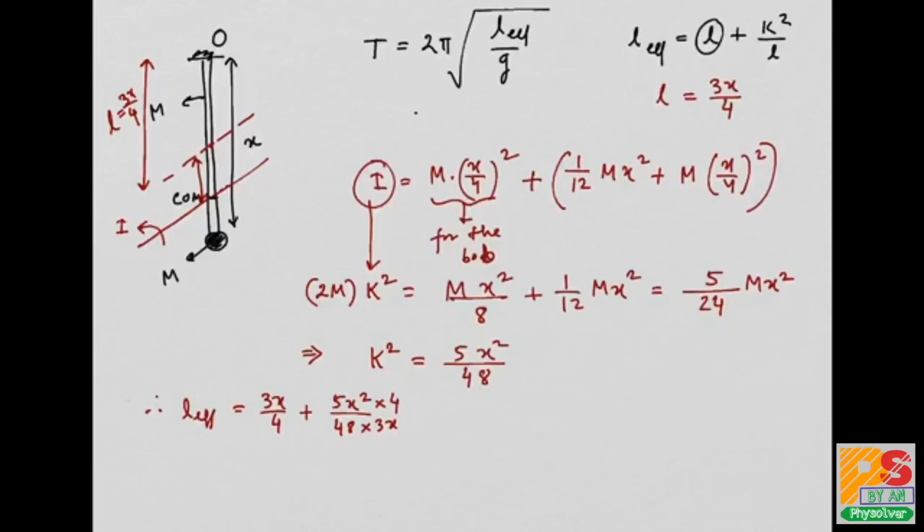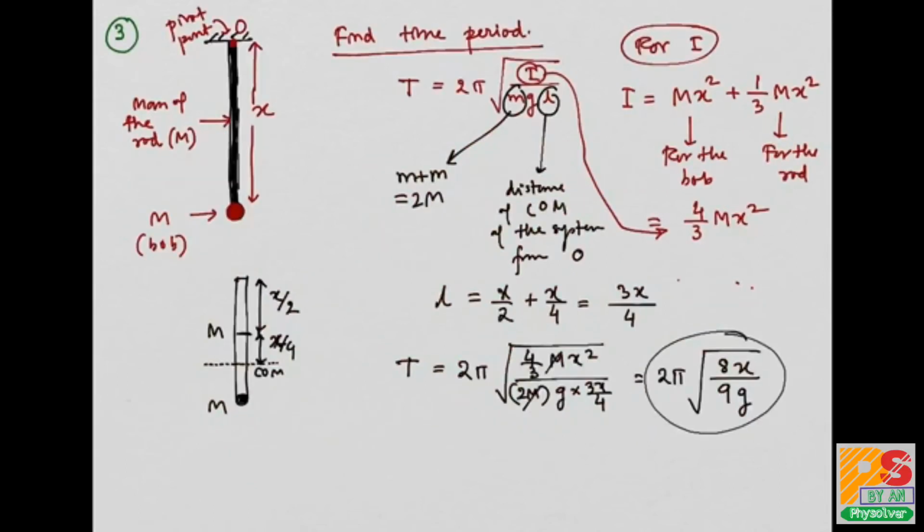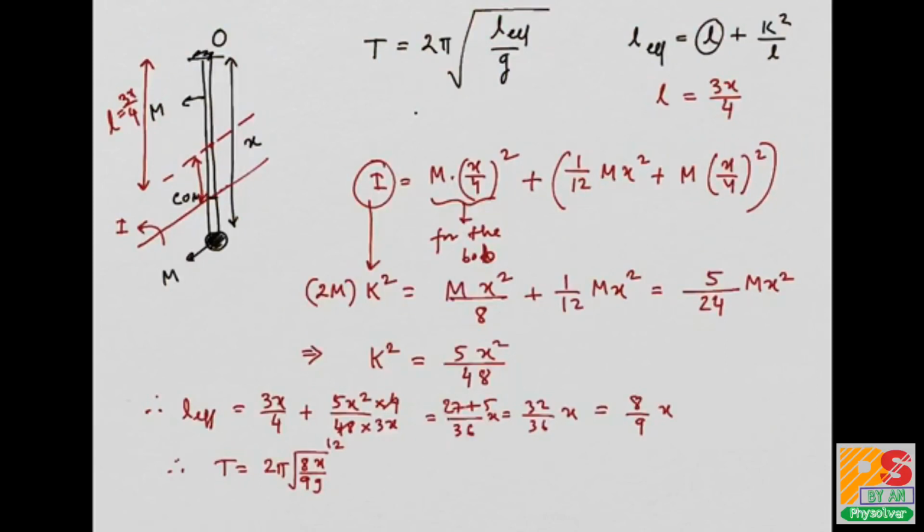Taking 36 as LCM, 27 plus 5, that is 32 by 36 into x, that is 8 by 9 x. Therefore the time period would be 2π root over L effective, that is 8x by 9g. And you can see the same result here also. So this is the answer.